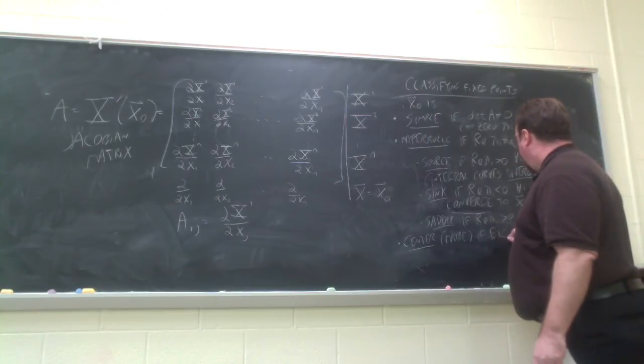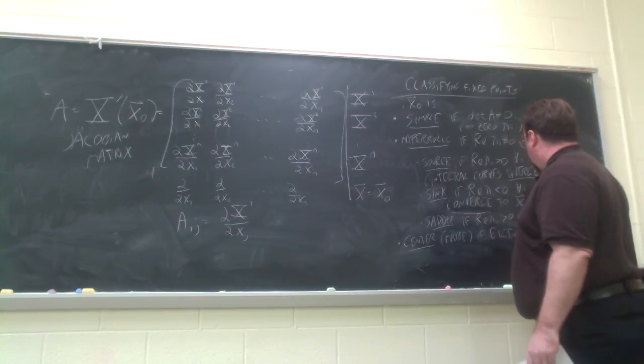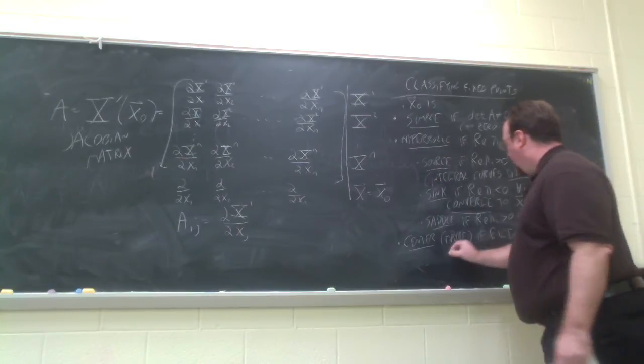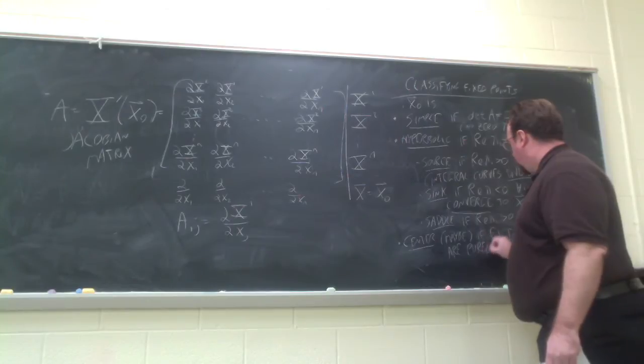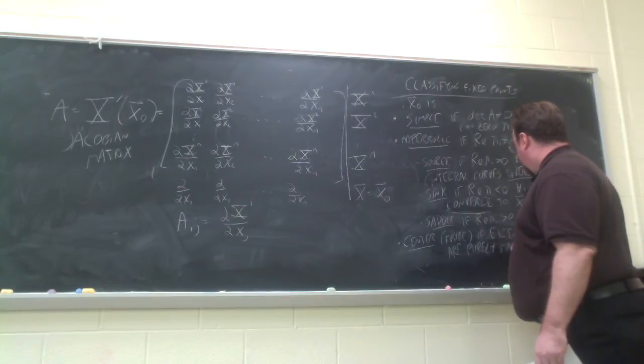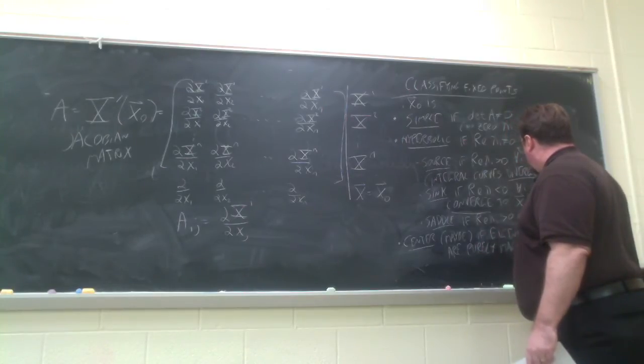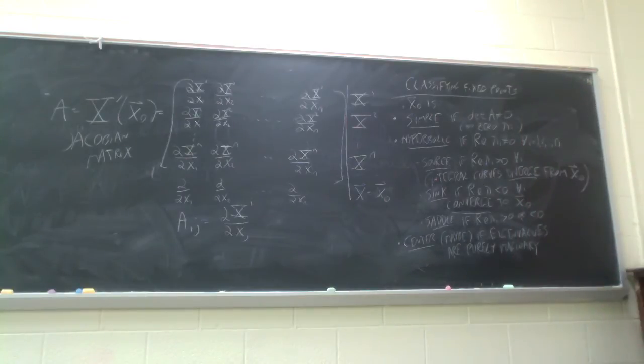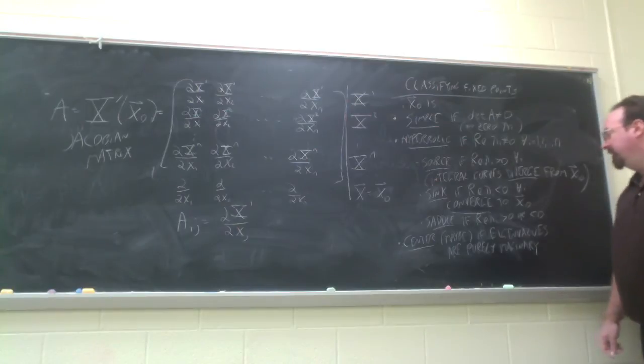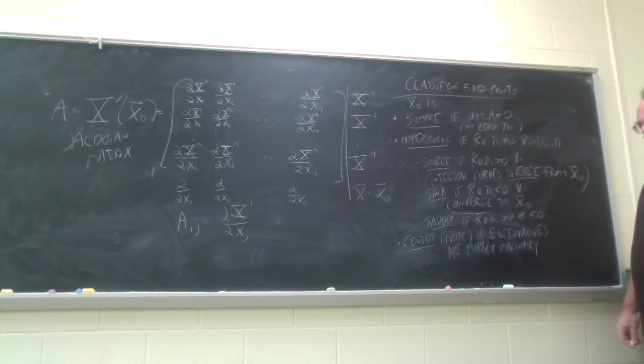This is the case where the eigenvalues are purely imaginary. They're still going to occur in complex conjugate pairs, because we're dealing with real systems, or a real matrix. So what can happen is that integral curves form an ellipse.